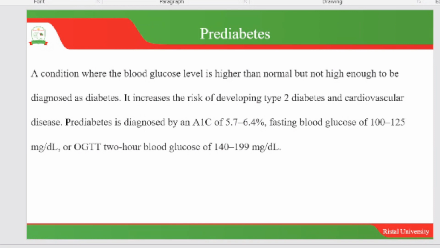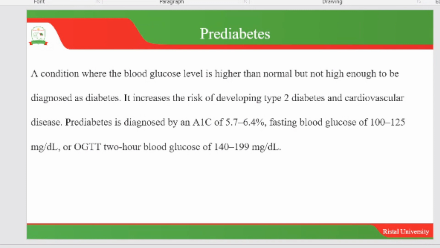It can also be tested through fasting blood sugar. So when the fasting blood sugar reads 100 to 125 milligrams per deciliter, it means the person is in pre-diabetes. Remember we said when the person is diabetic, it will be equivalent to or more than 126.